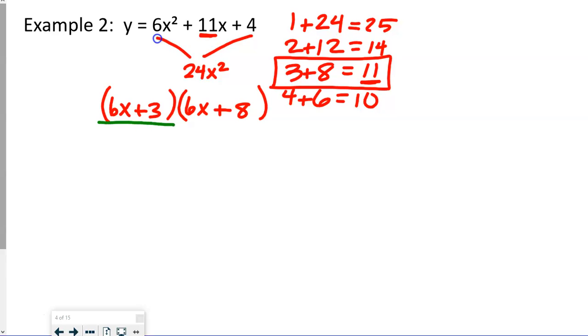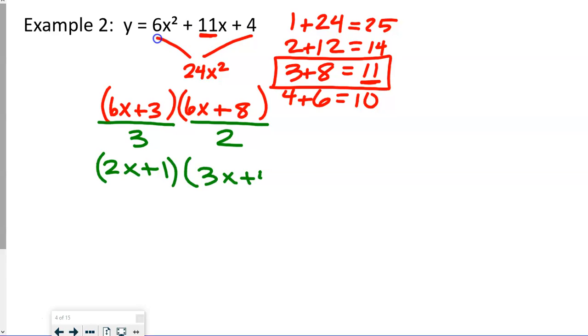So the GCF over here is 3. So that would give us 2x plus 1. The GCF here is 2. So we're going to factor that out. That would give us 3x plus 4. Now the way to check this is to use the box or the FOIL method and multiply them times each other to make sure you got what our original problem was, if you want to check it.